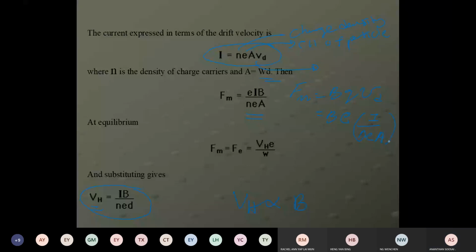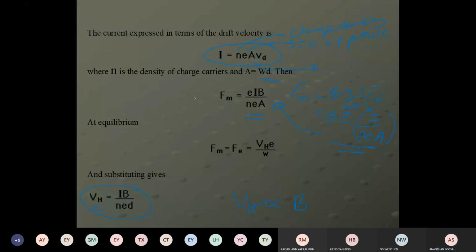So EIB on top, over NEA. So this is how you got this formula. What they did, the charge has been replaced in the form of current. Okay, you get this formula. This is the magnetic force, due to the magnet.